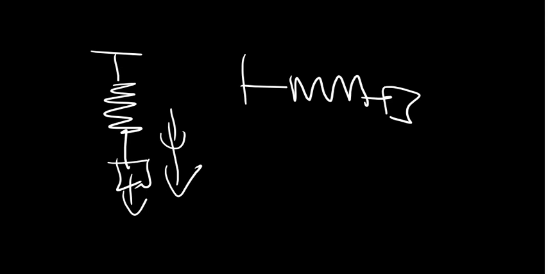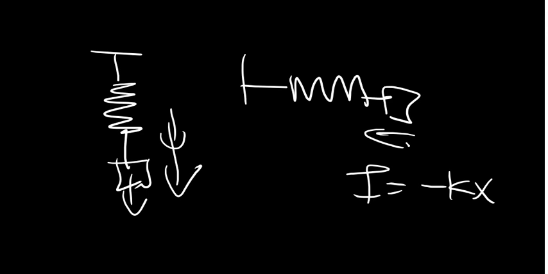Exactly, yes. The applied force is equal to the resultant force. But in this case, we are only interested in the resultant force because it's the force that makes the spring go back to its original position. So we are interested in the resultant force, not the applied force, but they're the same. Because once we consider the applied force, this formula is going to be positive, but the formula is always negative because we are talking about the resultant force.